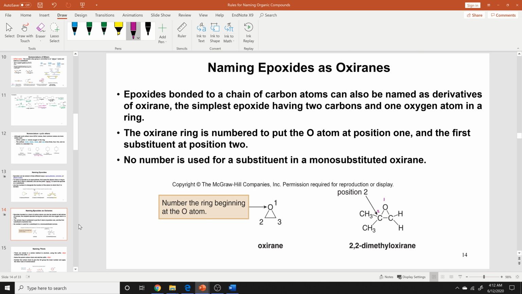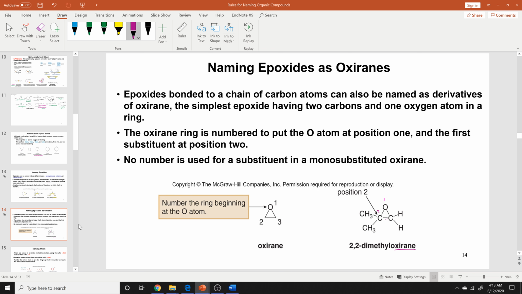This is going to be 2,2-dimethyl, because remember, this is going to be the epoxide. Whenever you name it as an oxidane, the epoxide is going to be your parent name. So your ending is going to be the parent name now. So it's going to be 2,2-dimethyloxidane.